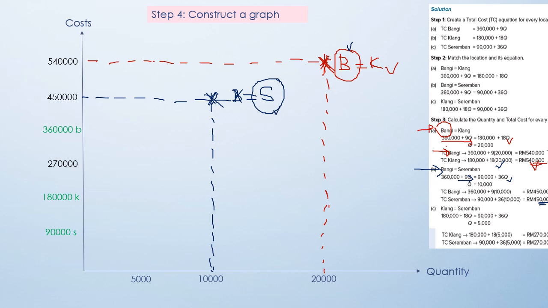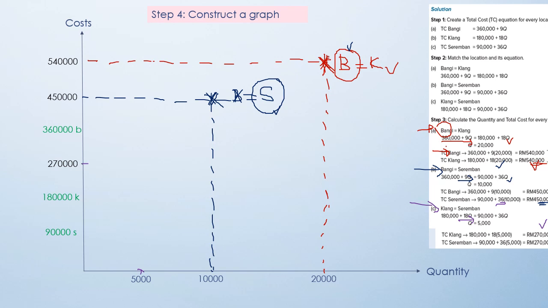And the last match is between Klang and Seremban. So we have to intercept quantity and also the total cost. The quantity is 5,000, so 5,000 is over here. And the total cost is 270,000.